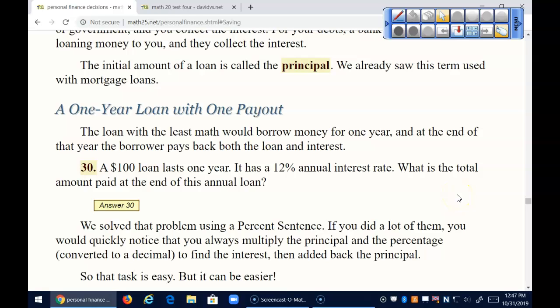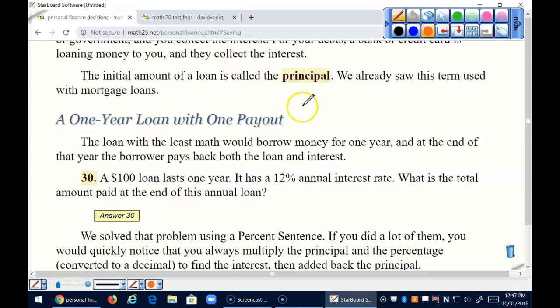A loan with the least math would borrow money for just 1 year, and at the end of that year, pay back the loan and the fee that's charged. So, if we asked what is 12% of 100? Just because of space, I am going to translate.